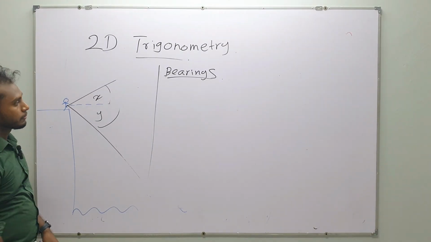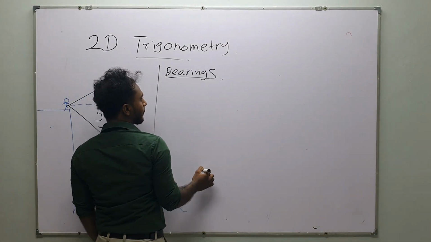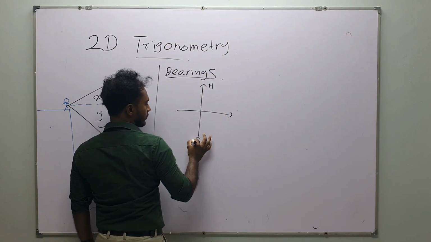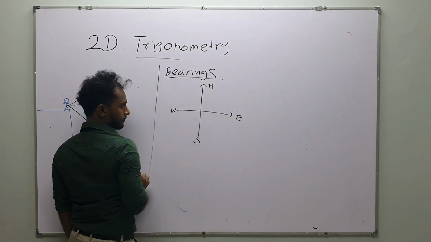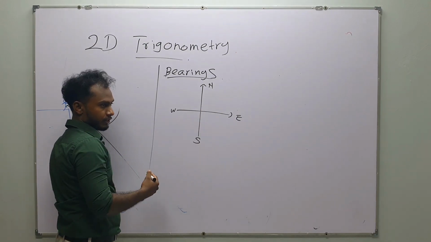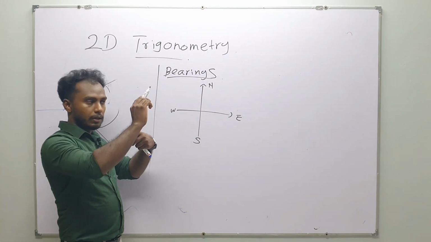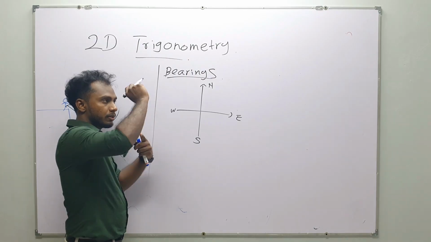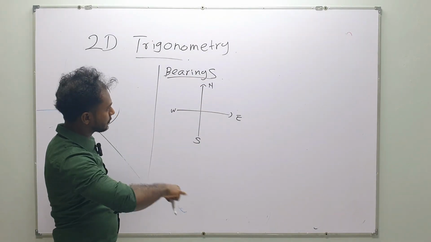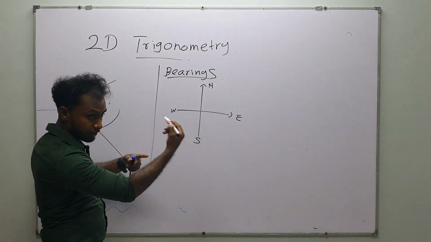That means we have to consider these four directions: north, south, east, and west. The bearing is always measured in the clockwise direction. What does clockwise mean? It means the direction in which the hands of the clock rotate. This is clockwise, and this is anti-clockwise, the other side.